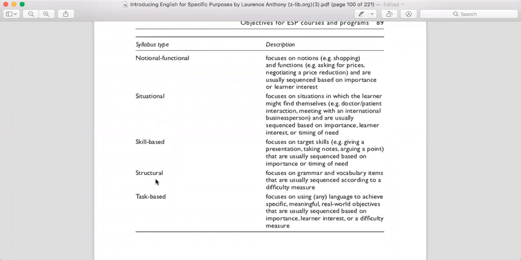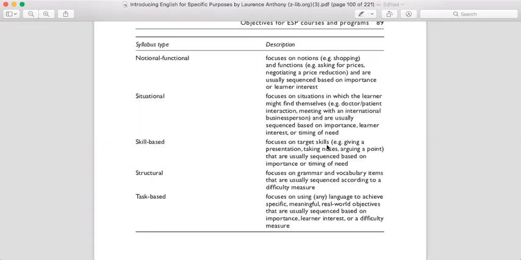Okay, because this structural one, it focuses on grammar and vocabulary items, and then how do you sequence it? You sequence it from simpler to difficult, okay, or from easier to difficult, simpler to context, right? Skill based syllabus, you focus on the target skill.